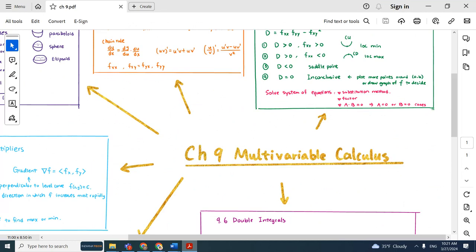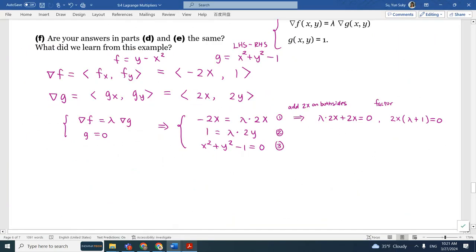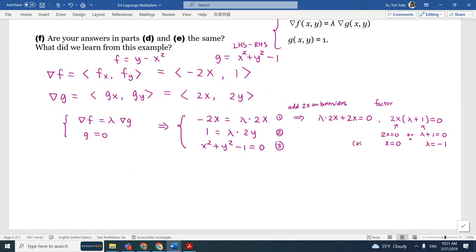So we get either 2x is 0 or lambda plus 1 is 0. Therefore, we get x equal to 0 or lambda equals -1. Because it's or, not and, that's why you separate into cases.